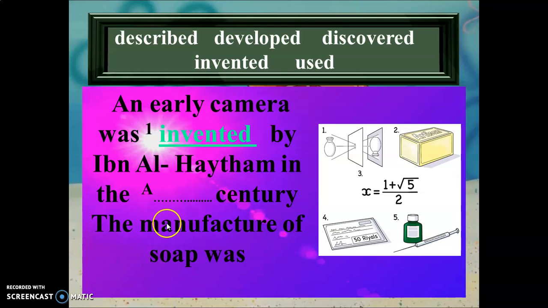The science of optics was established by him, and the camera obscura, an early kind of camera, was invented by him. 2. In Europe, soap was not known before the 13th century, but it was known in the Arab world many years before. The manufacture of soap was described by an Arab writer in a book that was written in the 12th century. Soap was manufactured in North Africa, and it was exported to Europe.